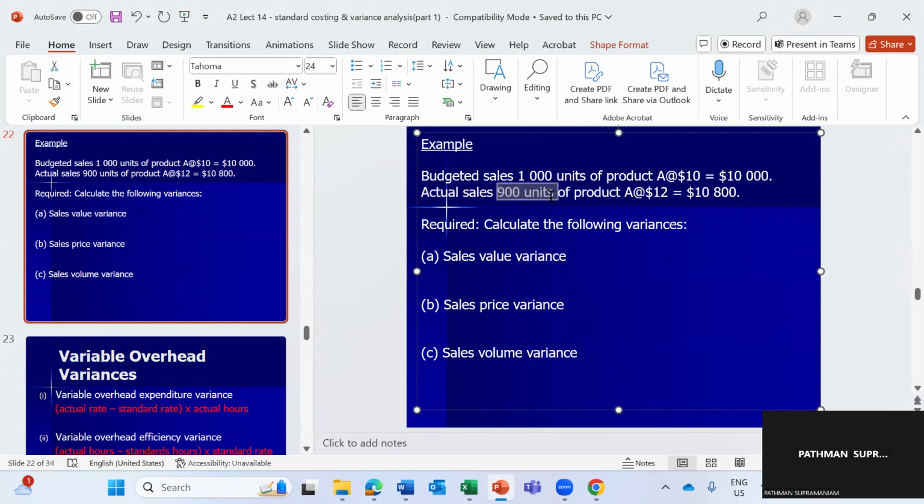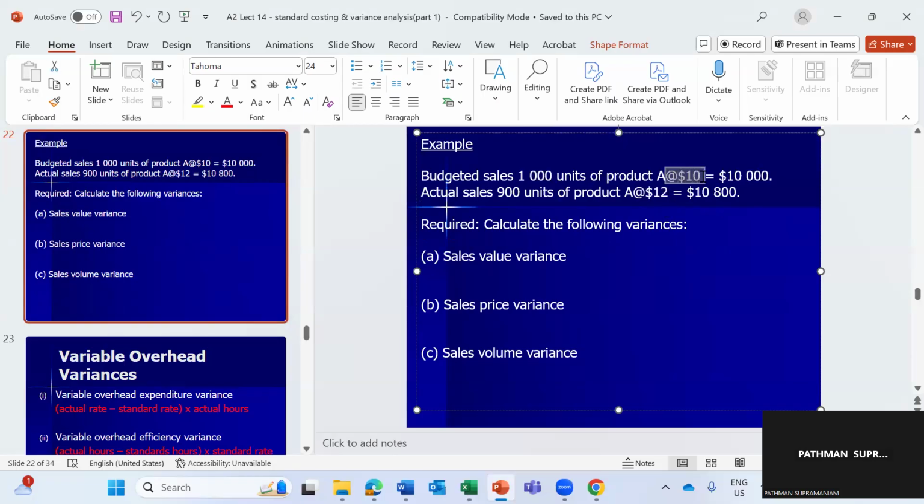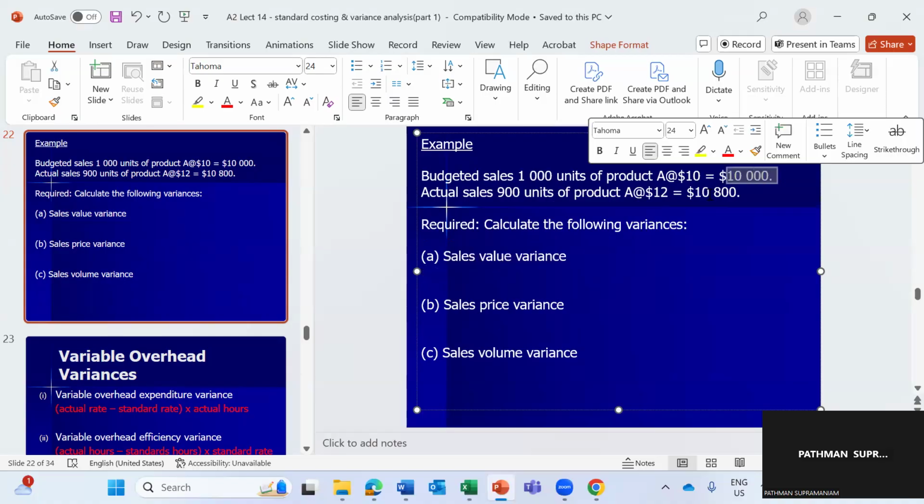We sold just 900 units instead of 1,000, and our actual price was more than what we were supposed to charge. So this is our actual sales. Calculate the sales value variance, which means you compare these two figures.